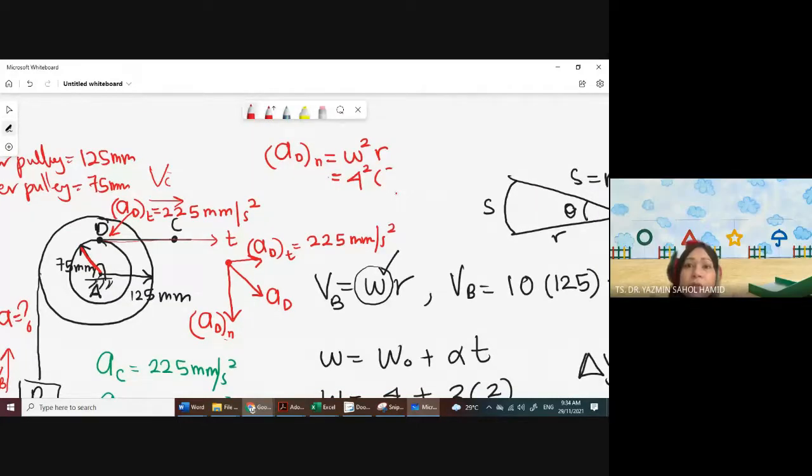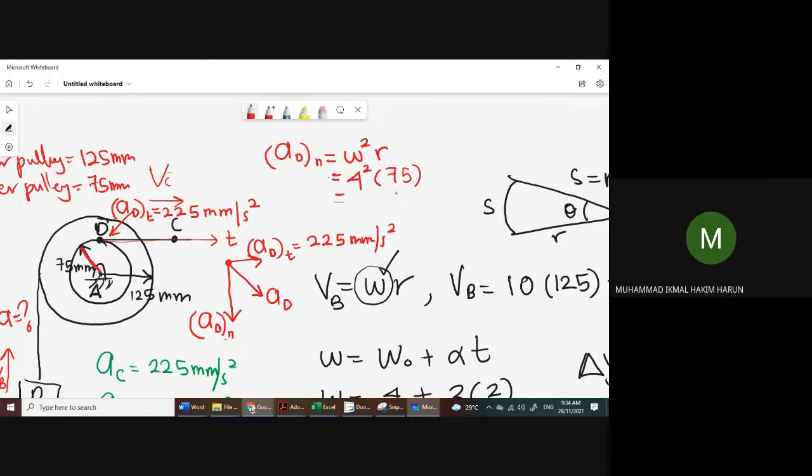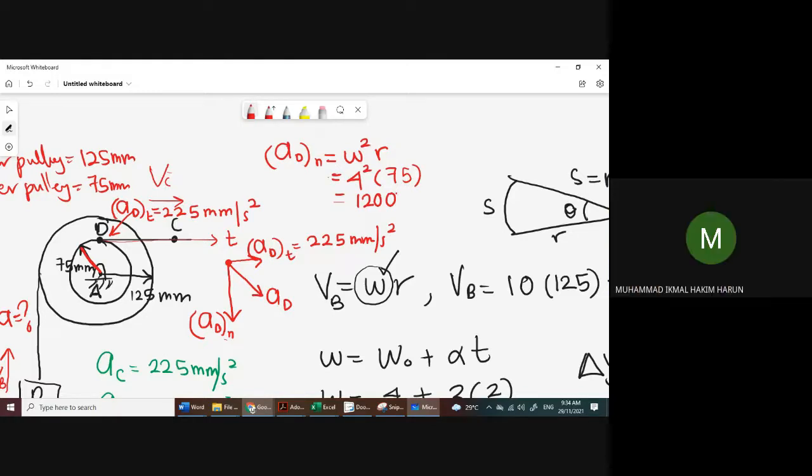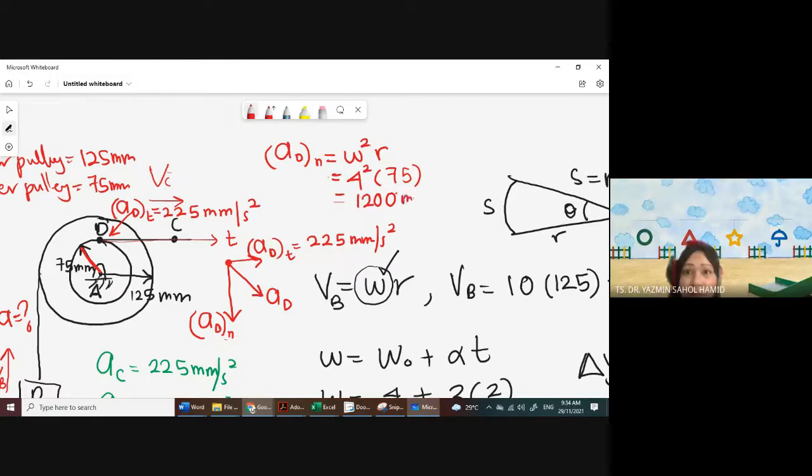Yes. So, berapa acceleration kita? 4 kuasa 2 kali 75 berapa? 1,200 millimeter per second square. Suka tinggal unit.